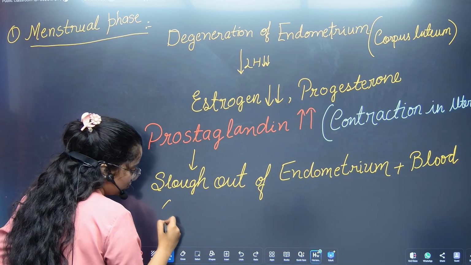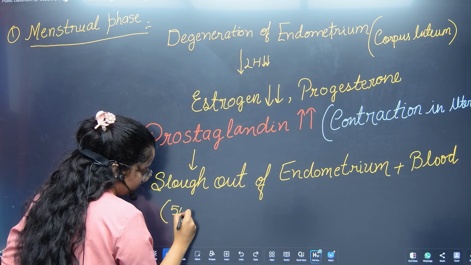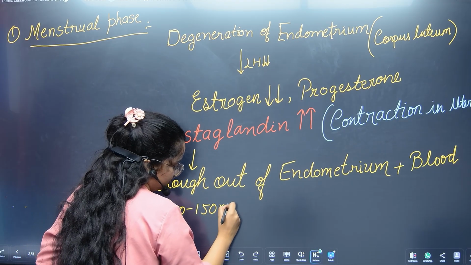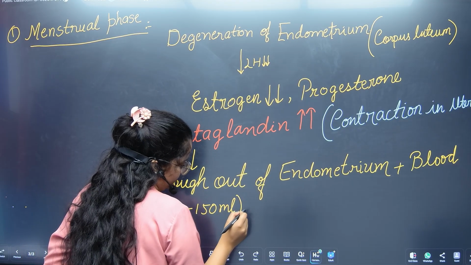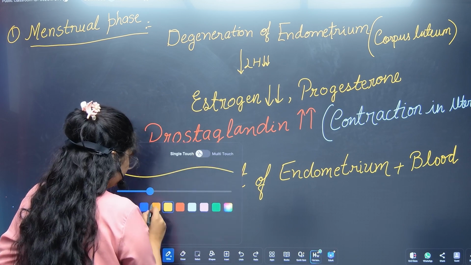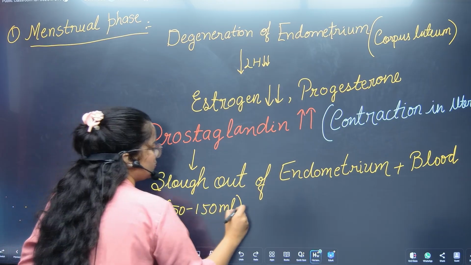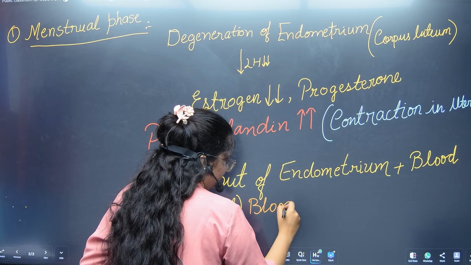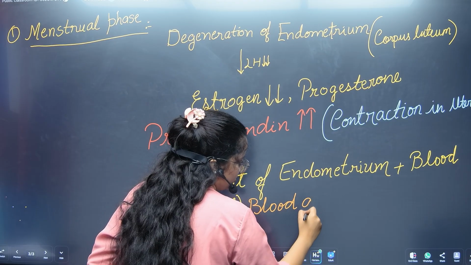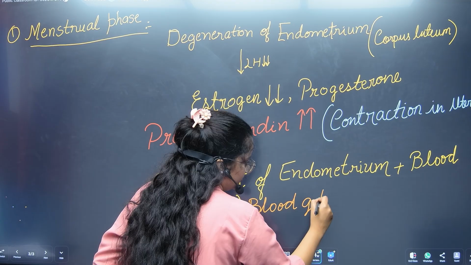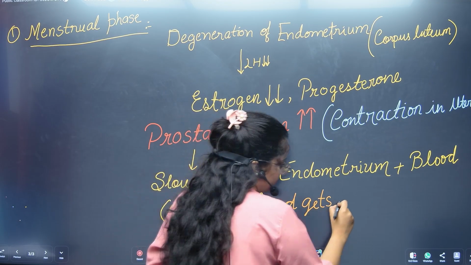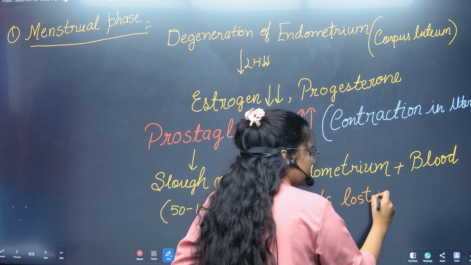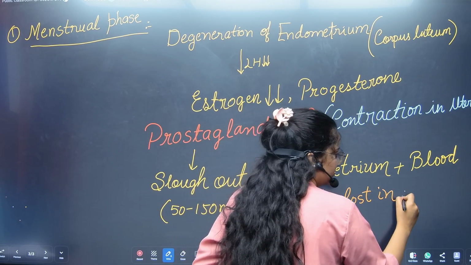Normally 50 to 150 ml of blood gets lost in one menstrual cycle.